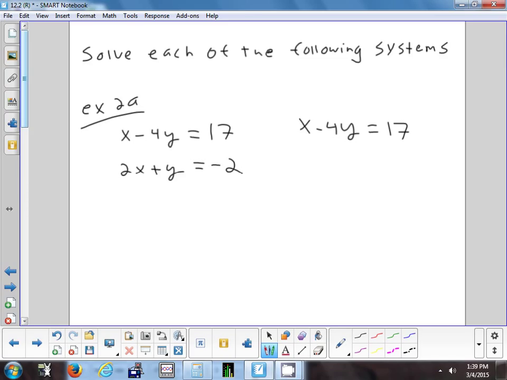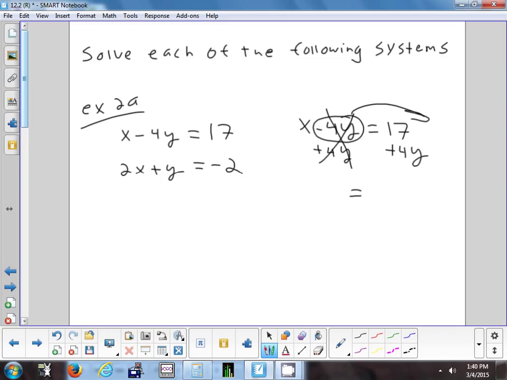So, Sivan, what letter are you going to get by itself here? X. How are you going to move this to the other side? Add 4y. Perfect. You're going to add 4y to both sides. Are those like terms? No. So can I combine them, or do I just write it out? Just write it out.